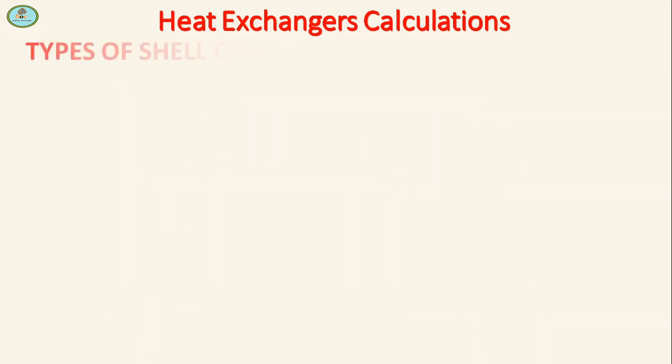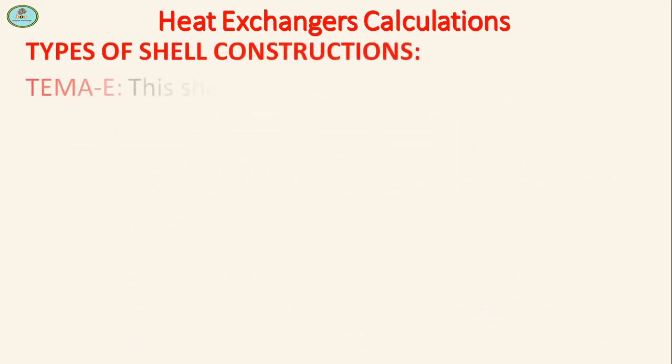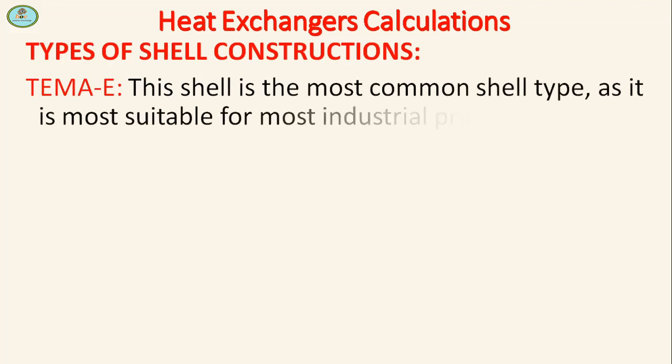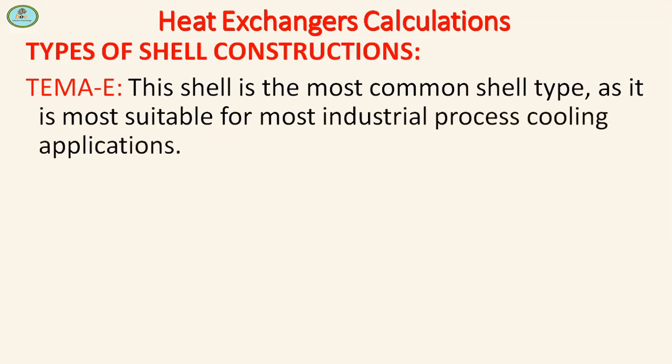Types of shell constructions. TEMA E: the shell is the most common shell type as it is most suitable for most industrial process cooling applications.